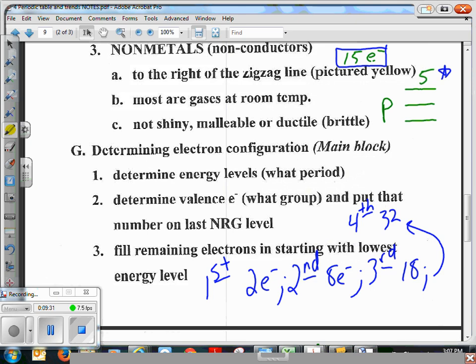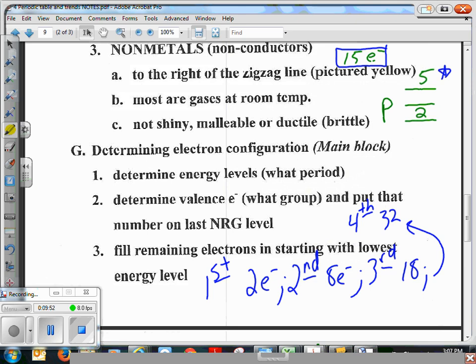So now, we start at the first energy level. That can hold 2, right? So I'm going to place 2 electrons here. So now I have 7 electrons that I have filed according to their energies. How many do I have left to file?